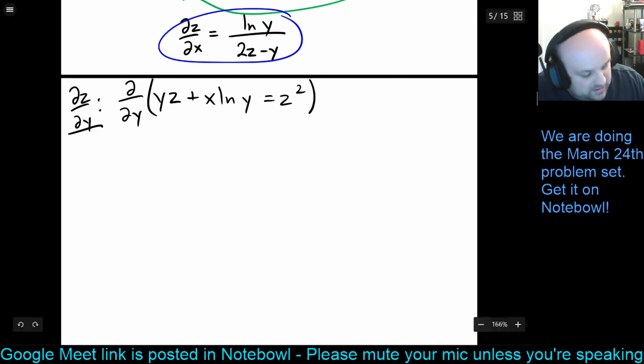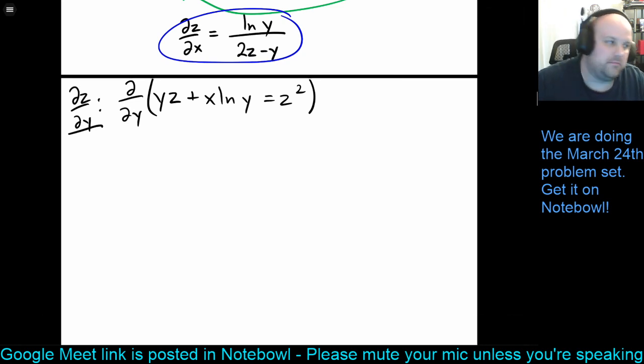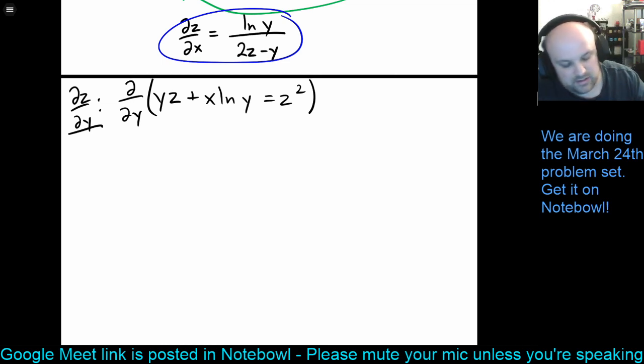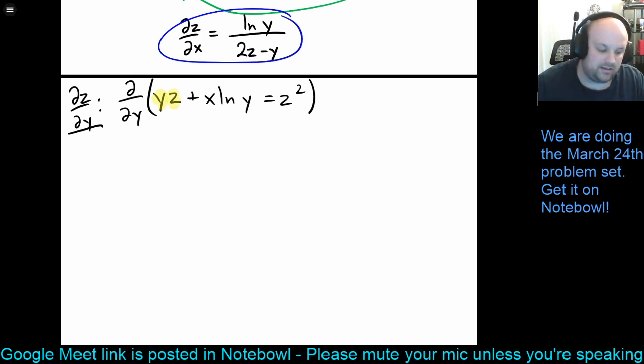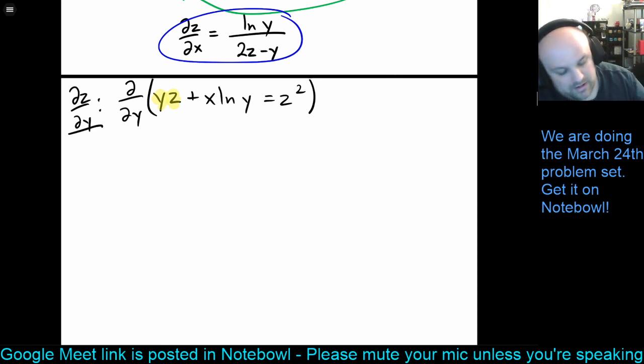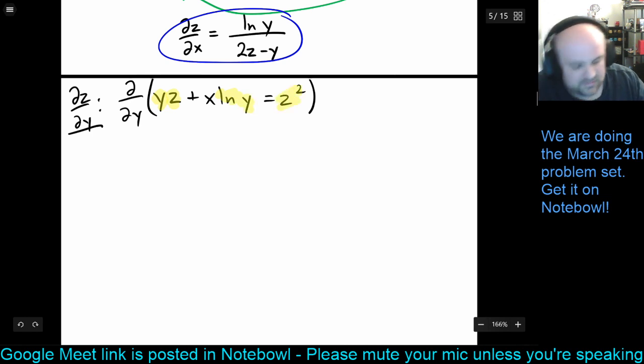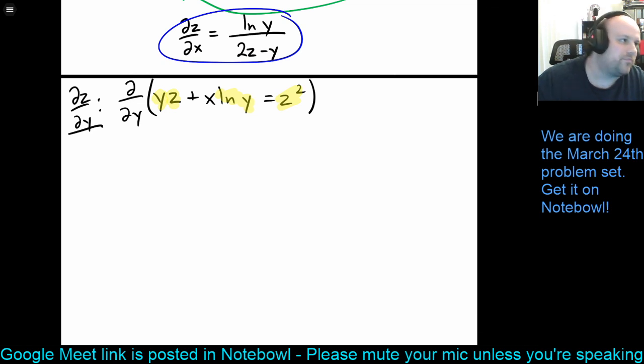So again, let's look at the parts that actually are going to be hit by this. So now y and z, right? Both of these depend on y. Of course, y depends on itself, and z is a function of y in this case. Here, the x doesn't matter, just the ln of y, and just like the other one, z squared does.